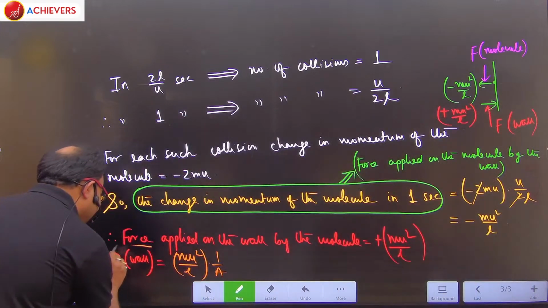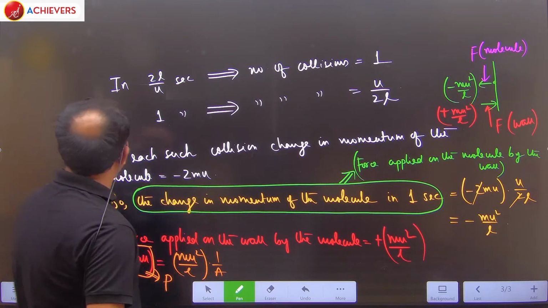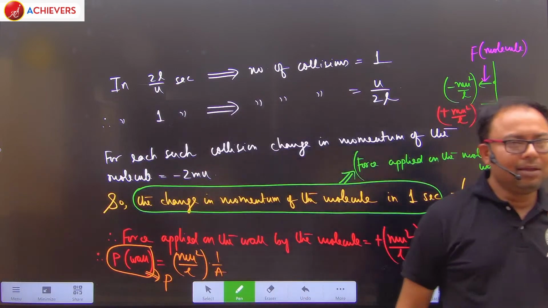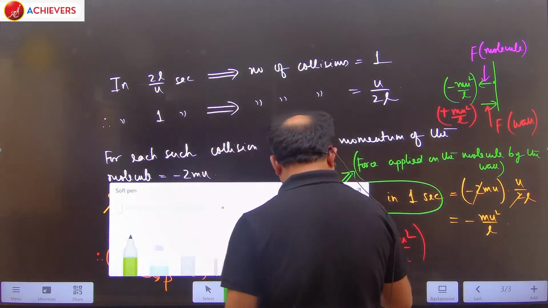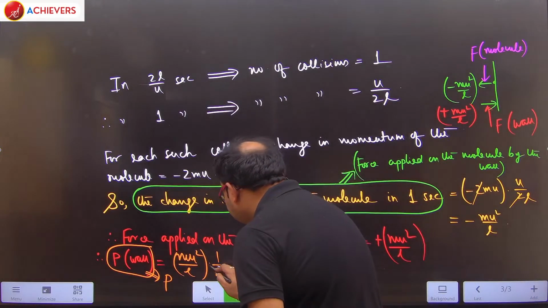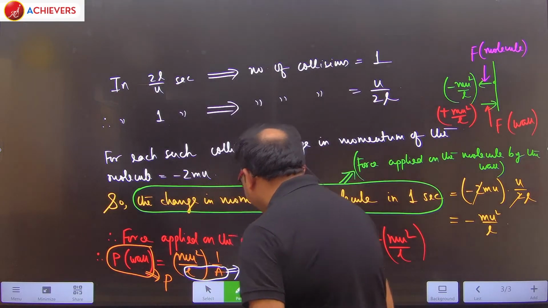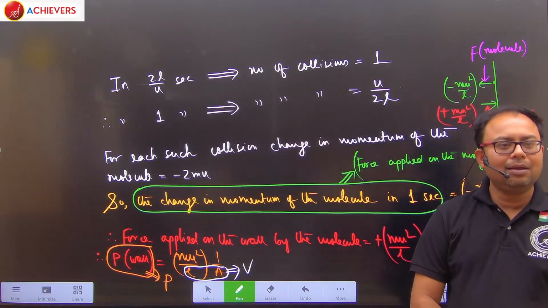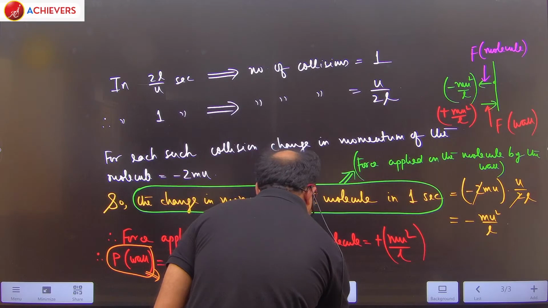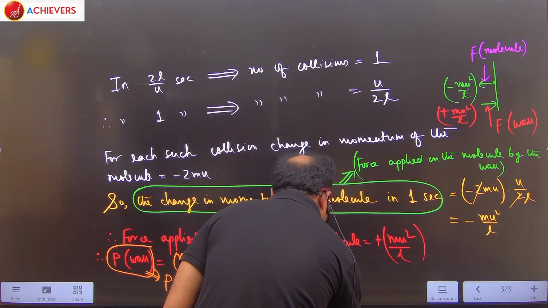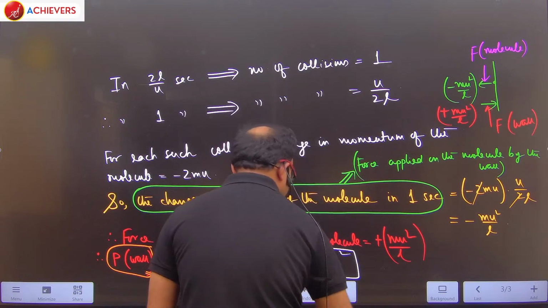We will simply write the pressure on the wall as P. And we all know that length into area is nothing but the volume of the container V. So from here one can write P equal to mu square by V. As simple as that.